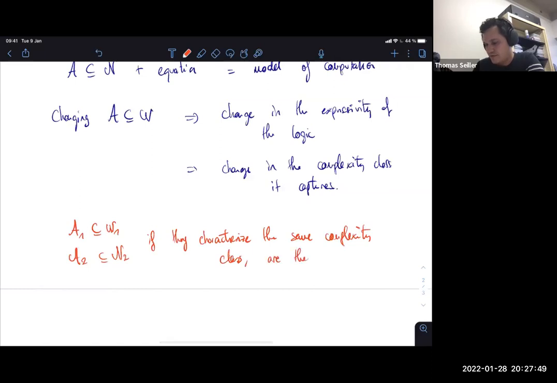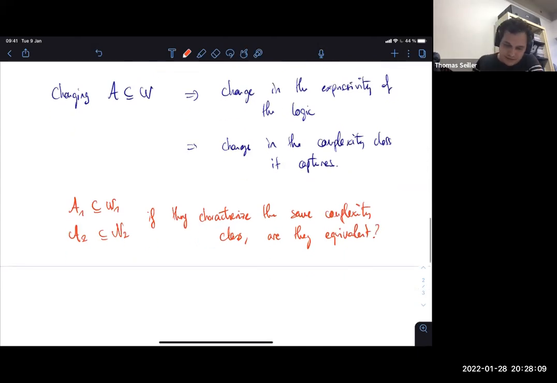Are they equivalent in some way, right? That does not talk about complexity itself. So is there a notion of equivalence for these objects or these inclusions of algebra that would not capture, but at least be implied by the fact that you get the same complexity class? That's the first question, right?